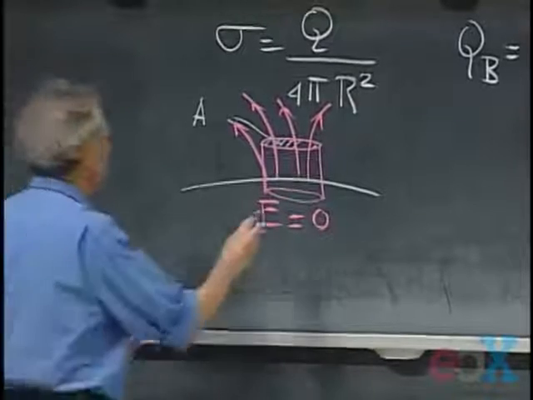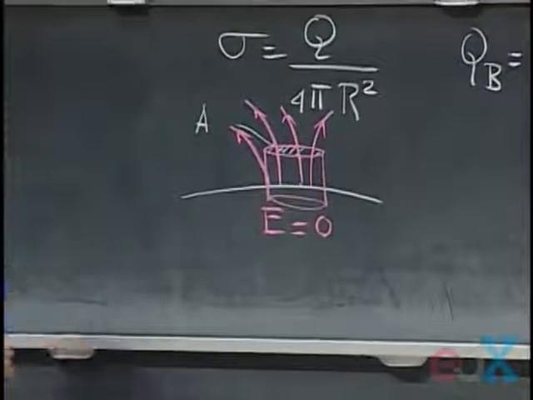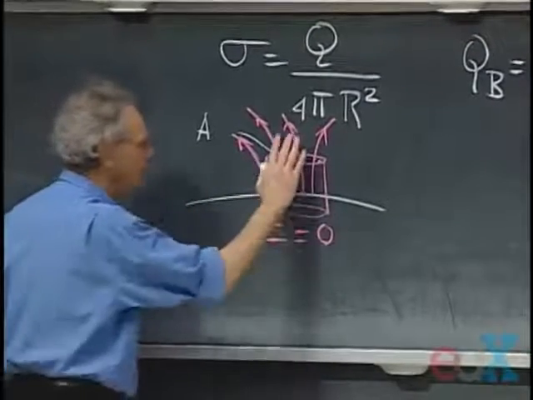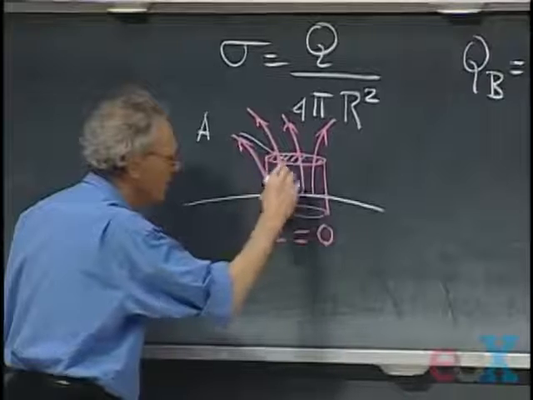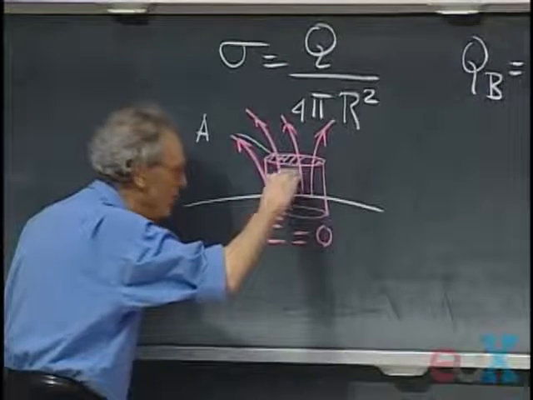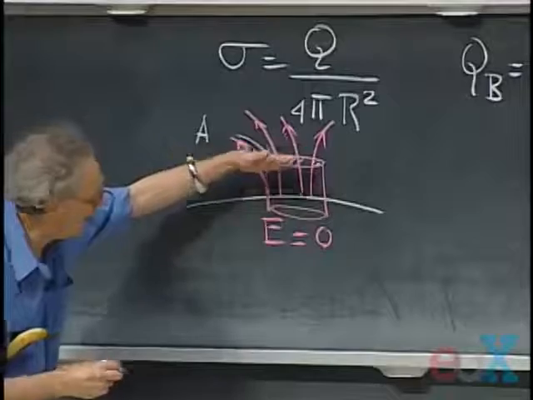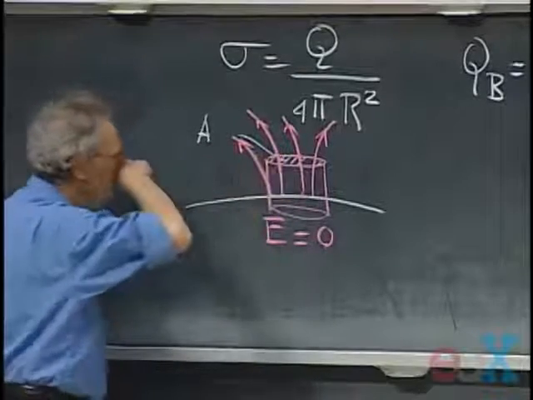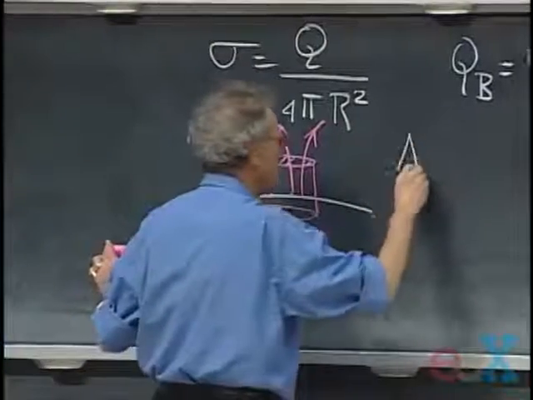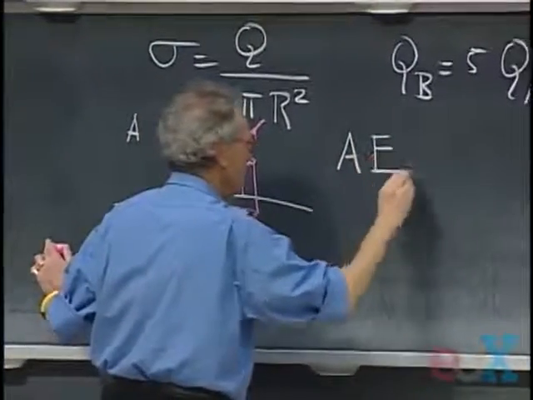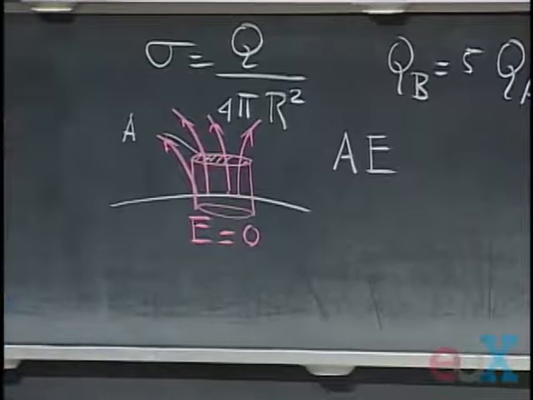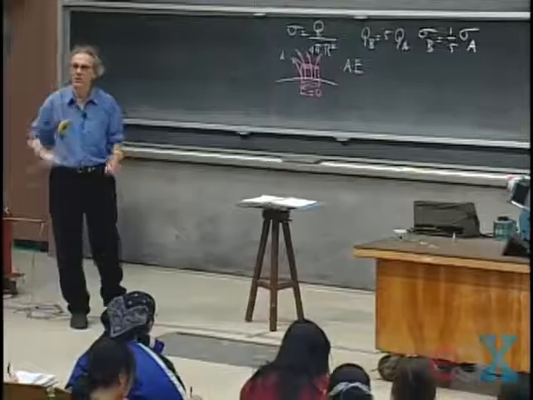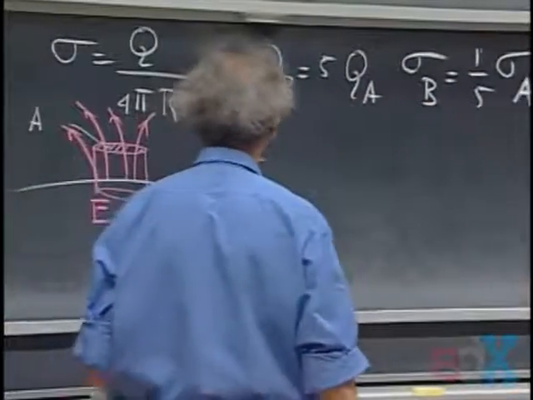So now if I apply Gauss's law, which tells me that the surface integral of the electric flux through this whole surface, well, there's only flux coming out of this surface here. I can bring that surface as close to the conductor as I want to. I can almost make it touch the conductor. So everything comes out only through this surface, and so what comes out is the surface area A times the electric field E. The A and E are in the same direction, because remember, E is perpendicular to the equipotential surface.